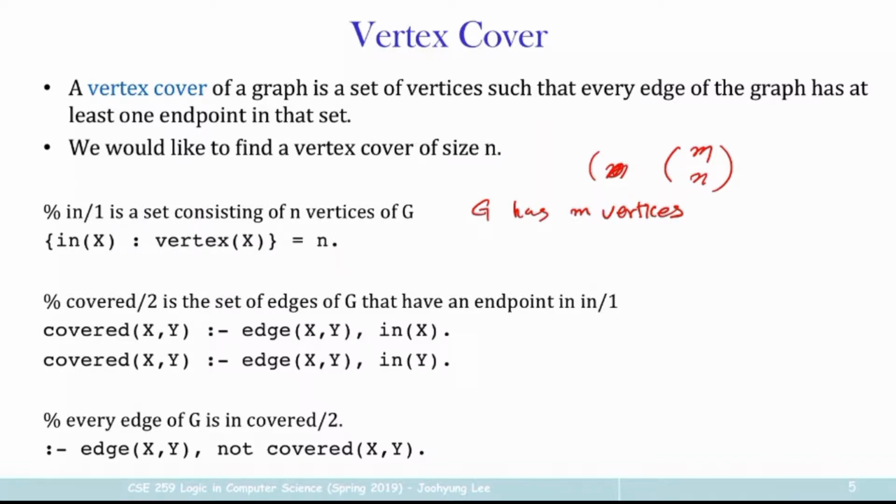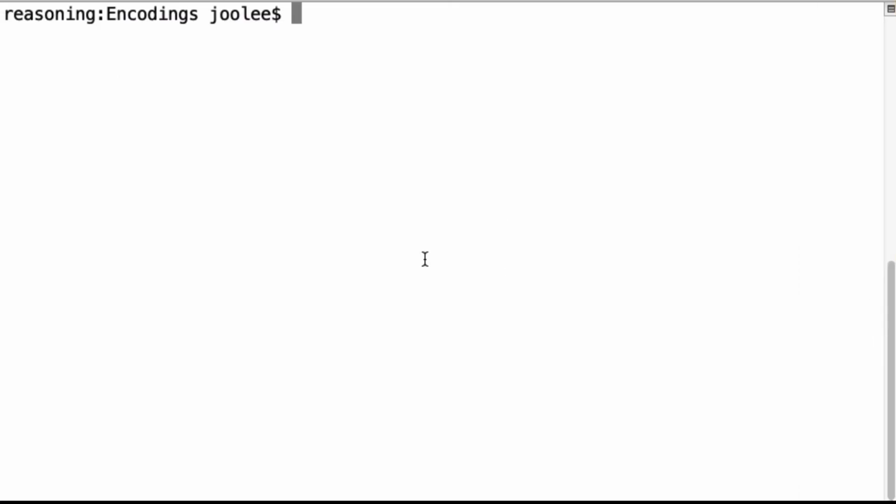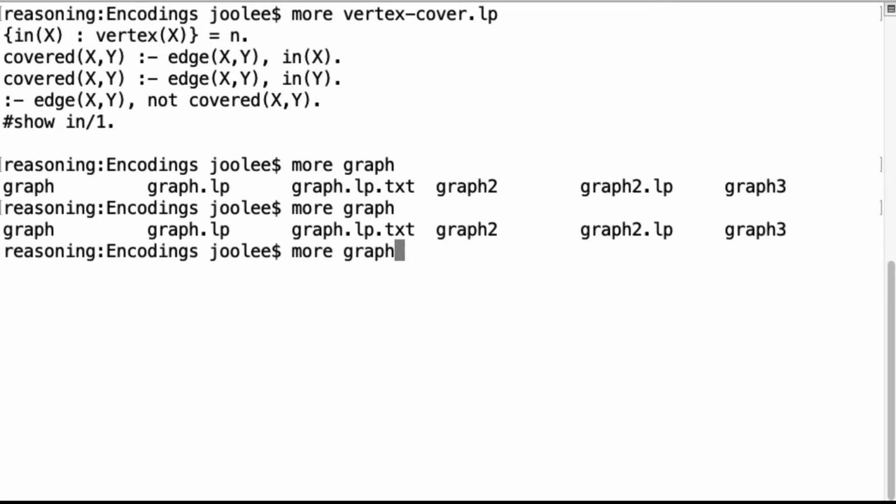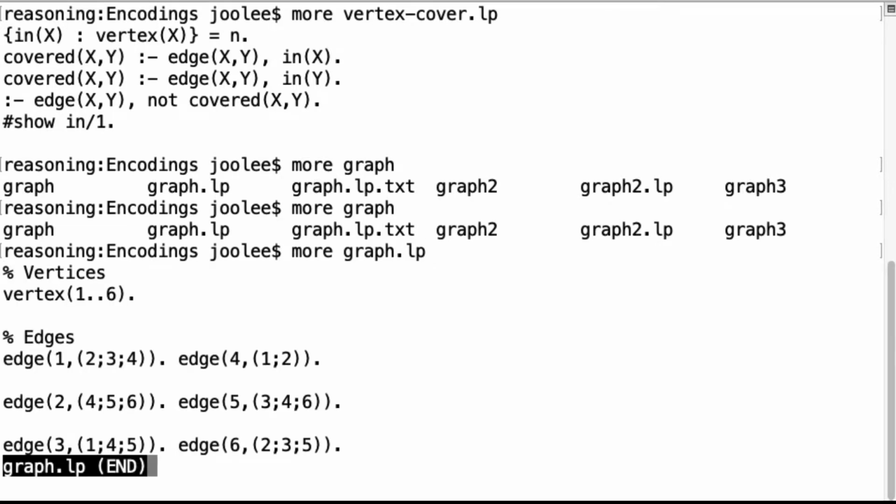All right, so then let's practice. This is the rule that you just saw. And we had two graphs. This is one of the graphs that we saw, graph.lp.